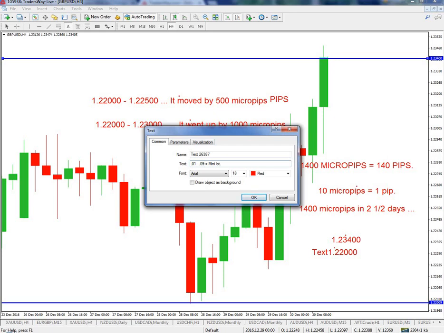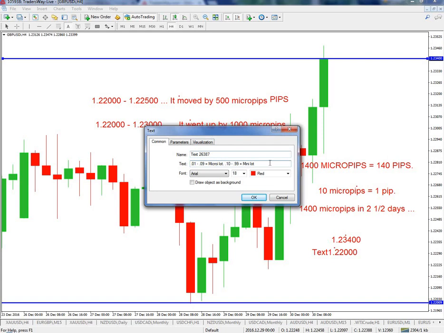If I do a 0.10 to 0.99, it's considered a mini lot. Sorry, I messed up here. The 0.01 to 0.09 is called a micro lot.